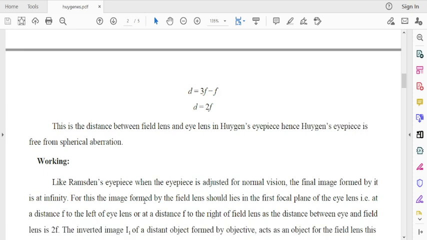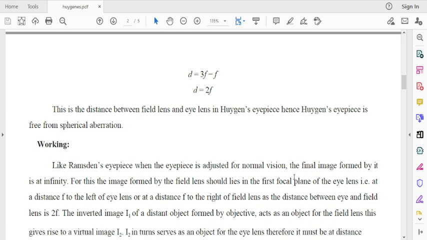See, if we have a telescope and we are going to mount this eyepiece, when the eyepiece is adjusted for normal vision, then the final image formed by it is at infinity, means it is at an infinite distance, and the image formed by the field lens should lie in the first focal plane of the eye lens.